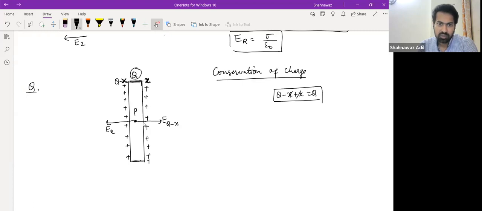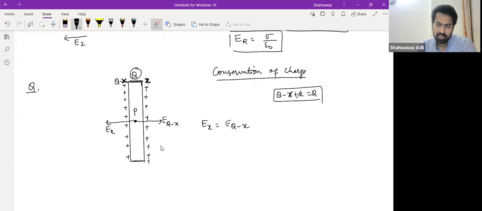Yes, sir. So these would be equal and opposite, so that the electric field becomes zero. So EX would be equal to E(Q minus X). Understood?